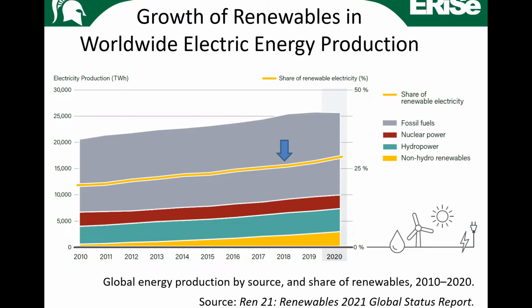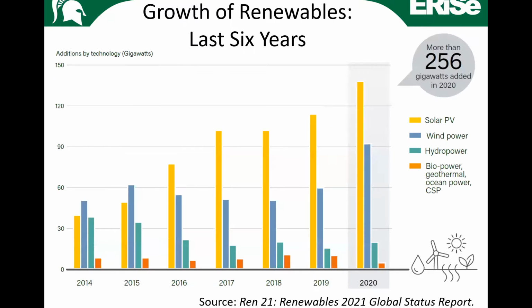This line that you see here shows how much it has grown in 10 years. Again, talking about non-hydro renewables, in 10 years it's grown from 20% to almost 30%. So that's a significant rate of increase, and we'll see more of that here, where it shows the trends over the 6 years leading up to 2020.